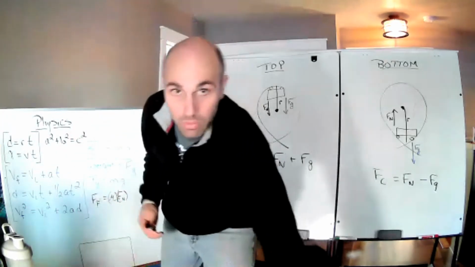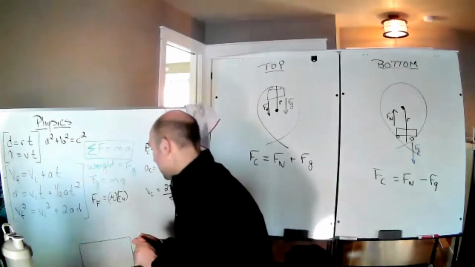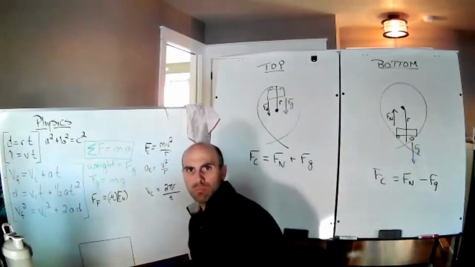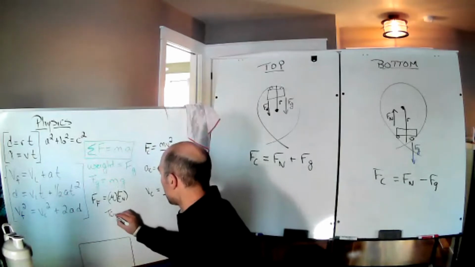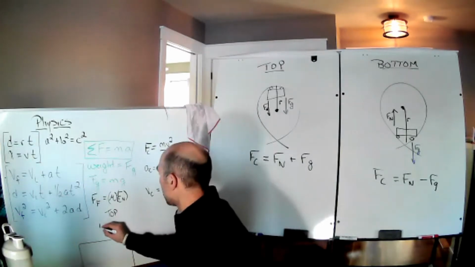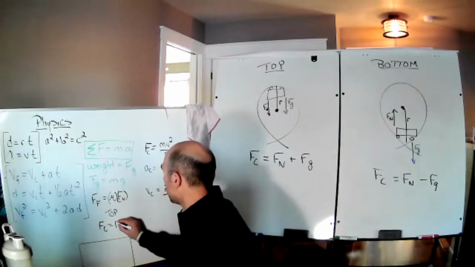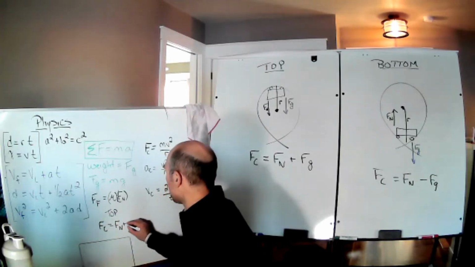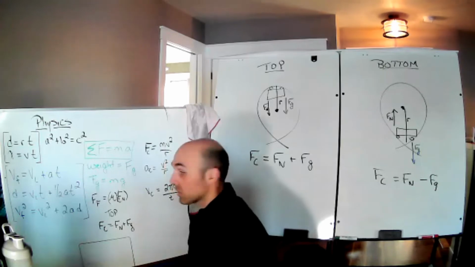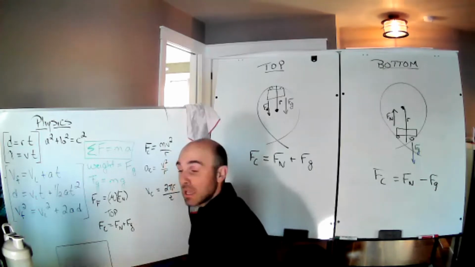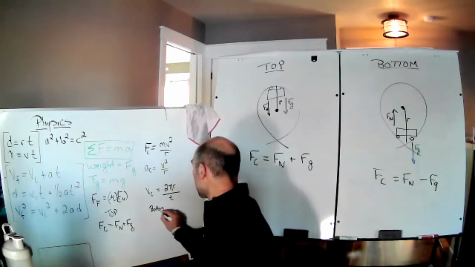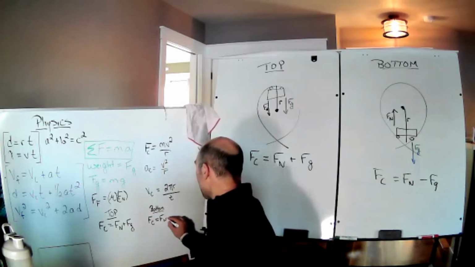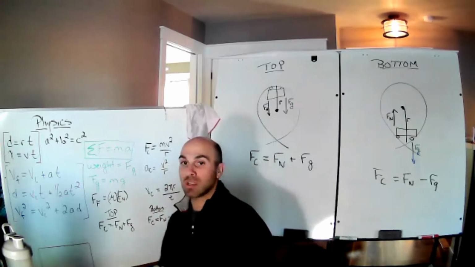So what we'll do is we'll throw those right down here. So for the top of a loop, F of C equals F of N plus F of G, because they're going in the same direction. And for the bottom of a loop, F of C equals F of N minus F of G.